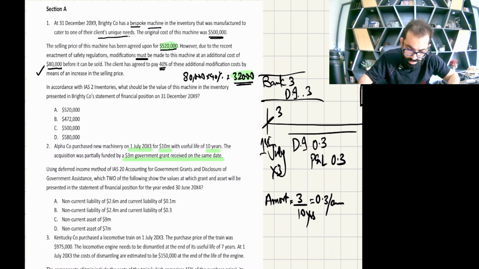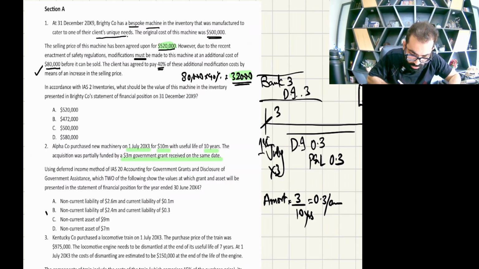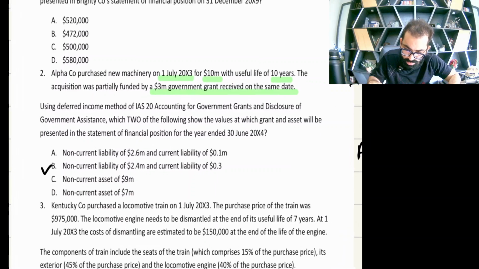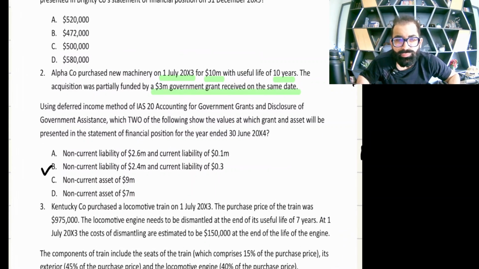Okay, so it is B2B. See the question. They are asking about 30th June x4. They are asking which two of the values, the grant and the asset. Yes, they are asking about the asset as well.